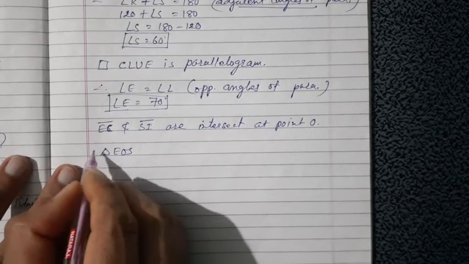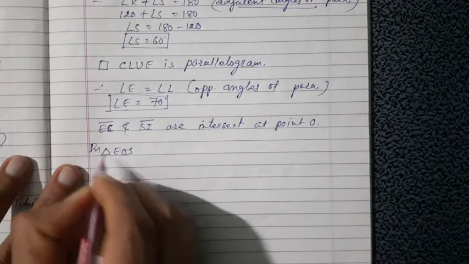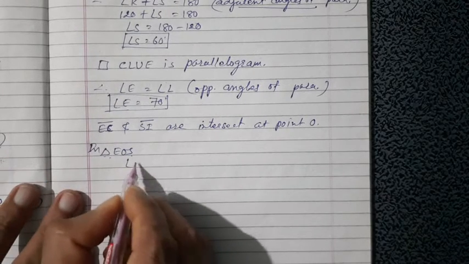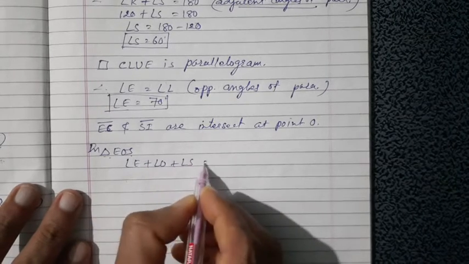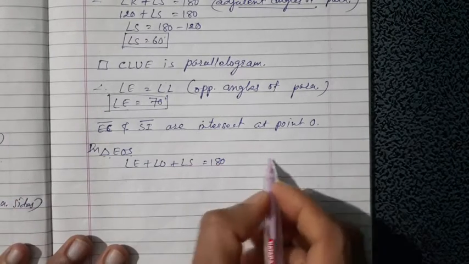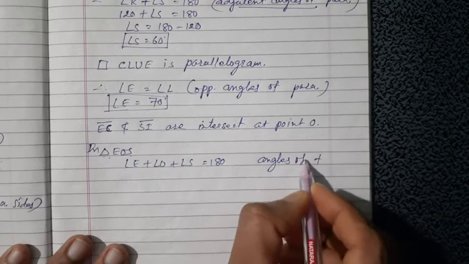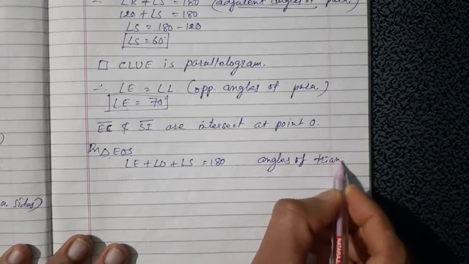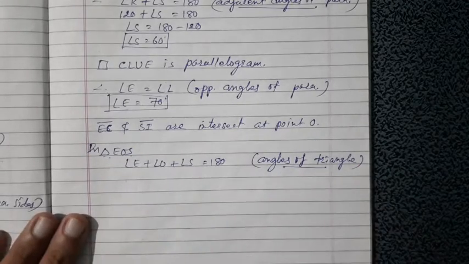In triangle EOS, angle E plus angle O plus angle S equals 180 because they are angles of a triangle, and the sum total of angles of a triangle equals 180.